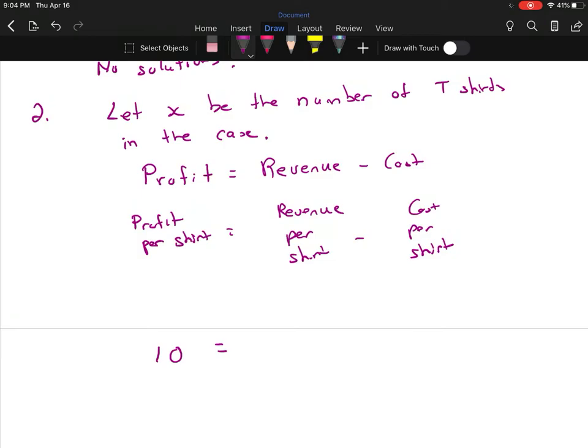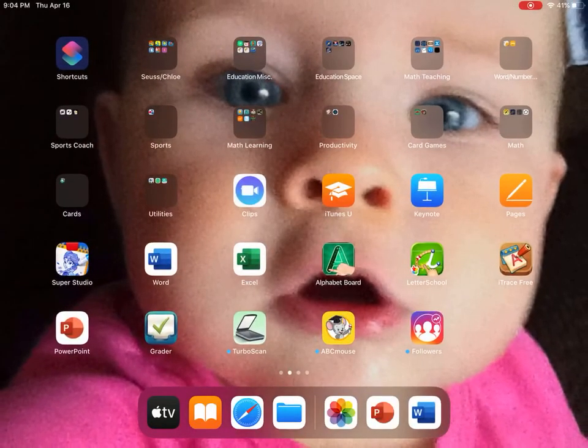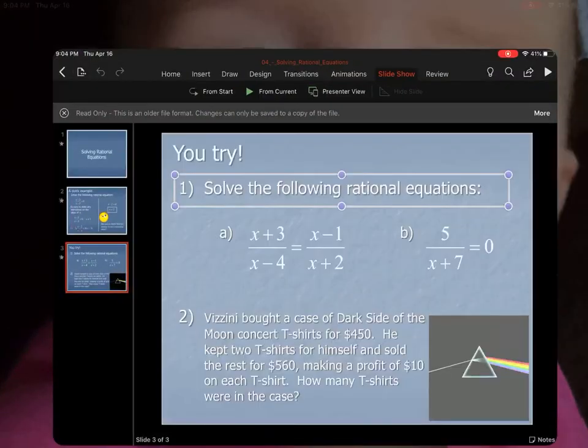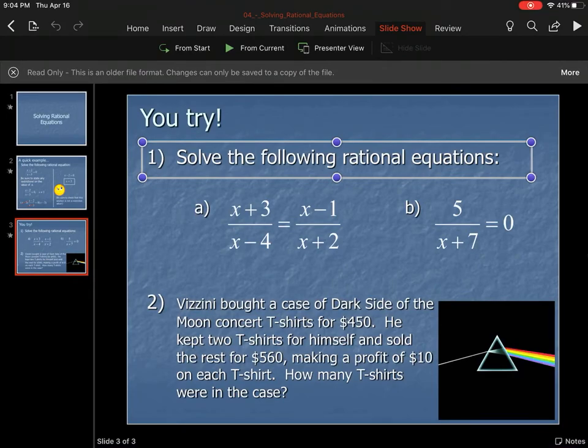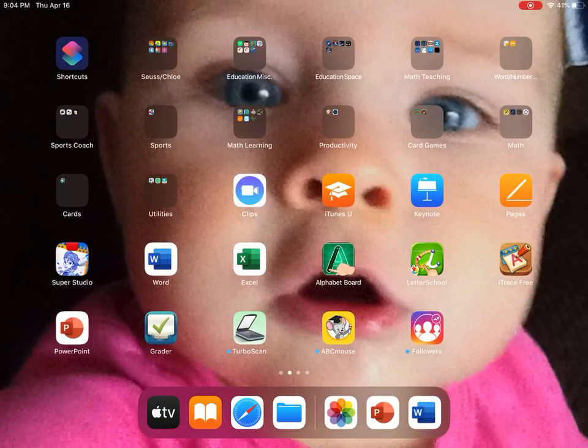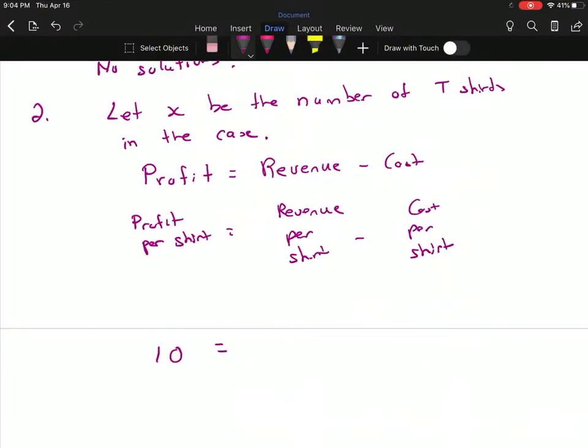To talk about the revenue, I'm actually going to skip to the next one, because the cost per shirt is a little easier to understand. The cost per t-shirt. How much did he pay for these t-shirts? He paid $450. It says that right in the question. So he paid $450 for all the t-shirts.